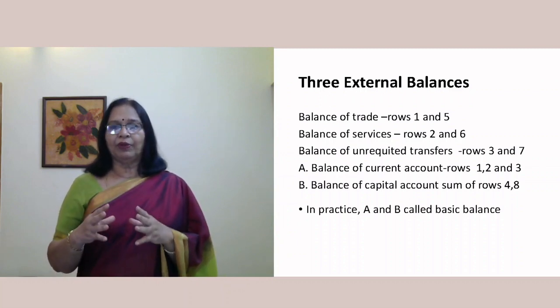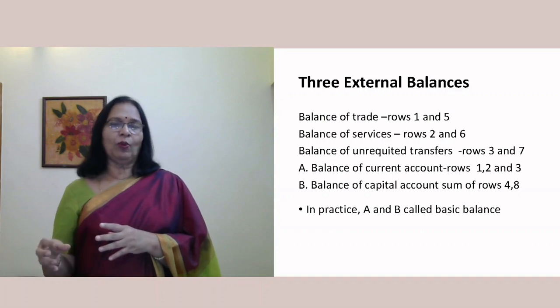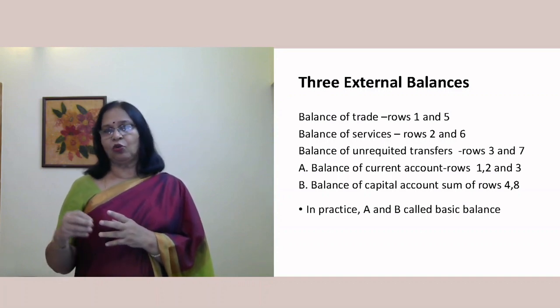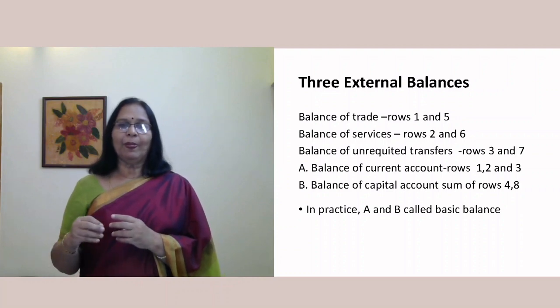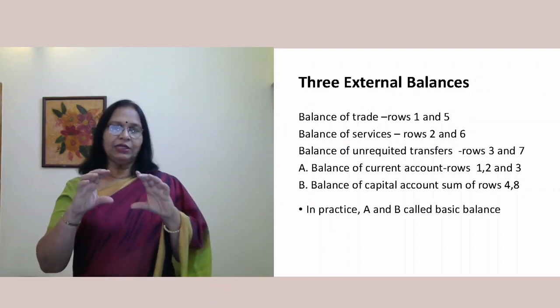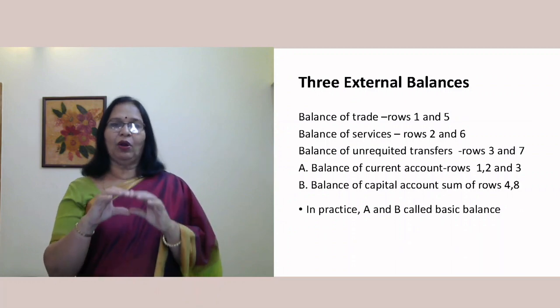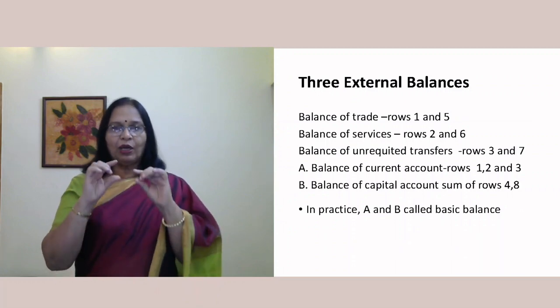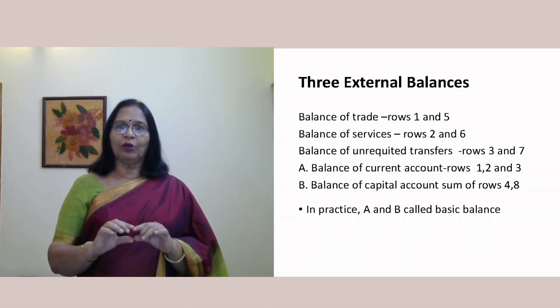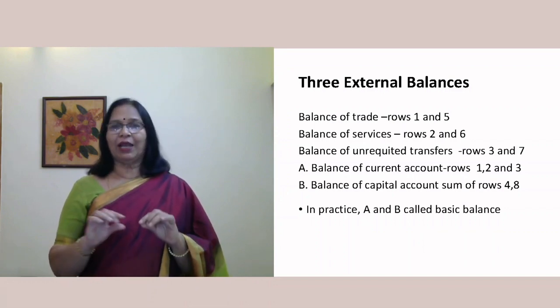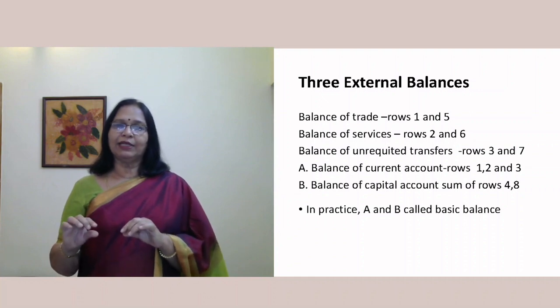One is the balance of trade, rows 1 and 5, balance of services, rows 2 and 6, balance of unrequited, rows 3 and 7, and finally all these three items together we call the current account. So 1, 2 and 3 are called current account, and the fourth one, which is standalone, the capital part, is known as the capital account.